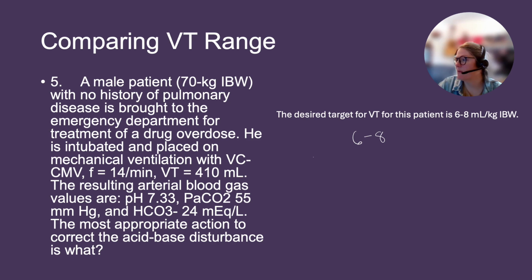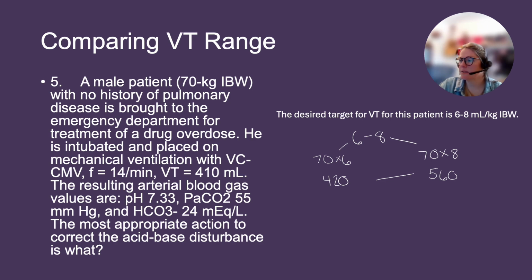So I would multiply 70 times 6, and then I would multiply 70 times 8 to get my ranges. 70 times 6 is 420. 70 times 8 is 560.